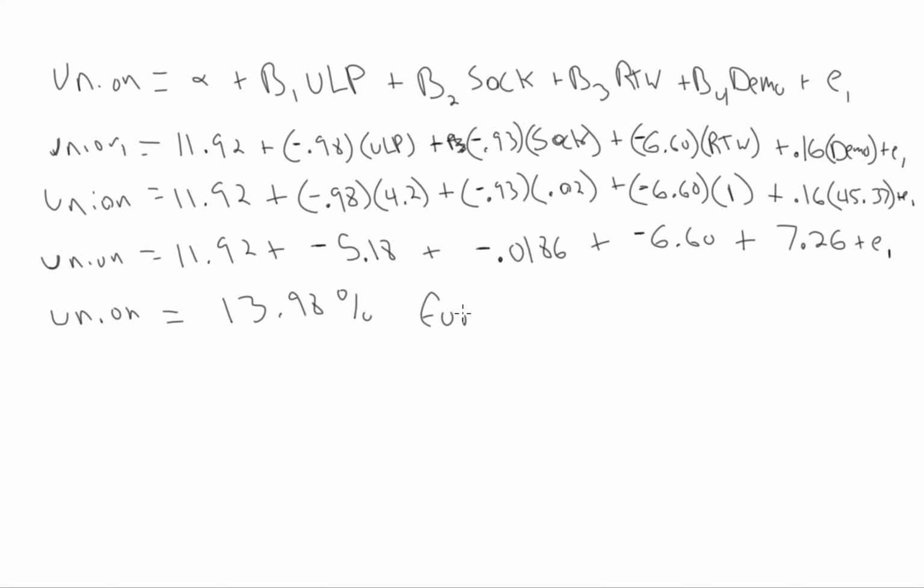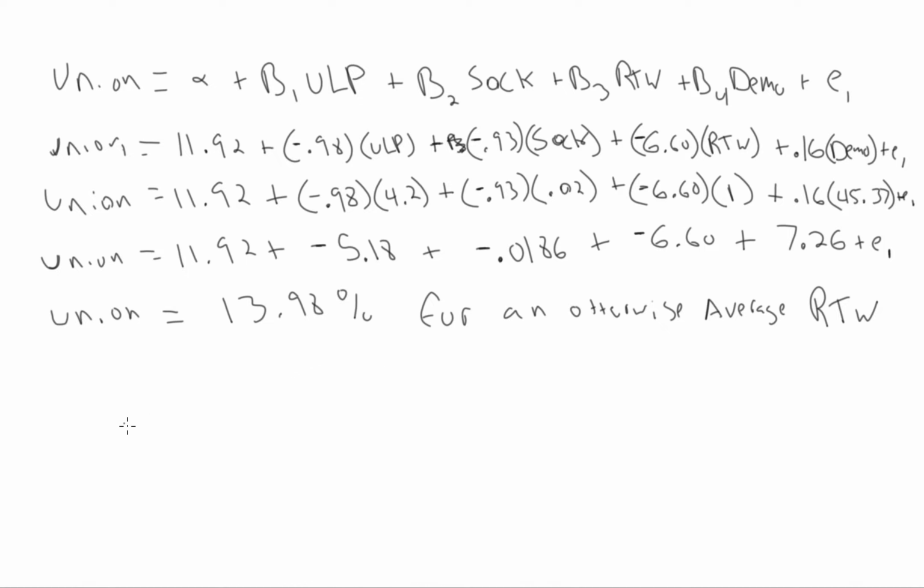And this is for an otherwise average right to work state, so average in all other ways. You would expect 13.98% of the state to be unionized, of union membership.